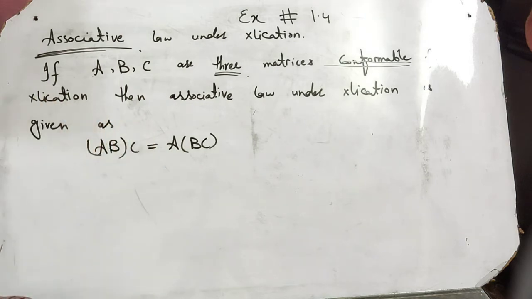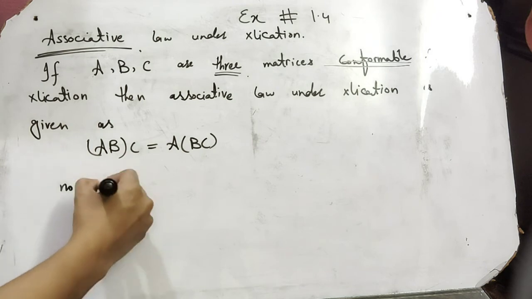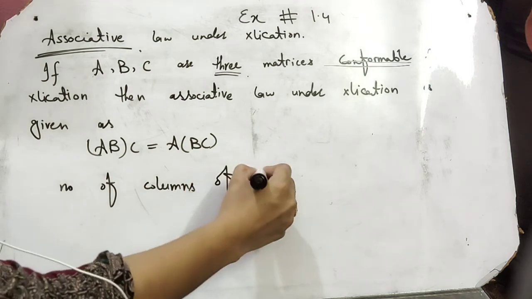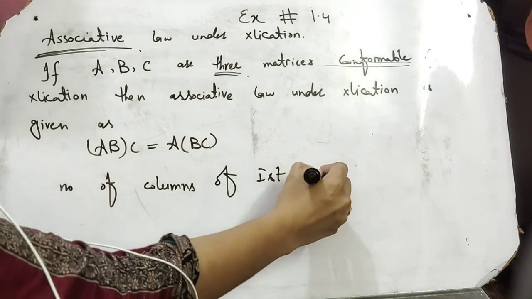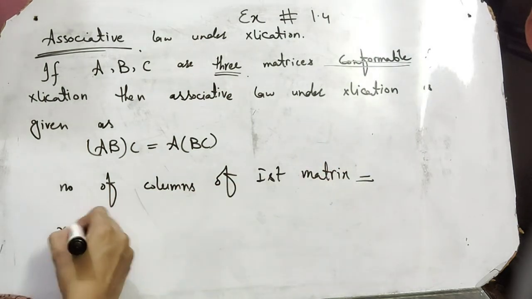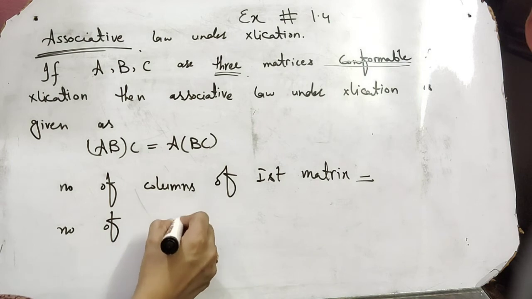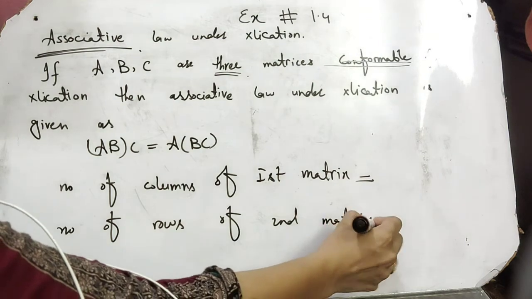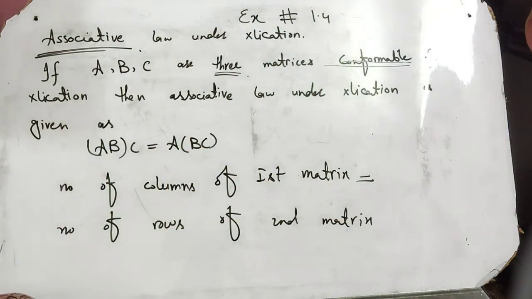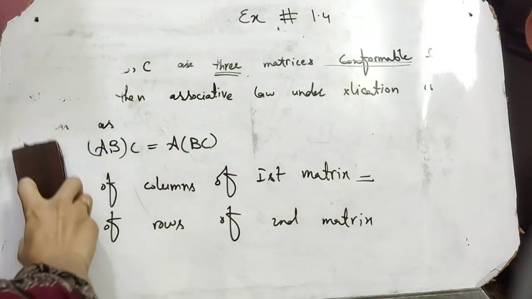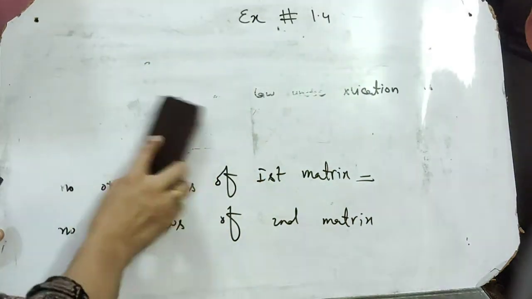It means two matrices are conformable if and only if the number of columns of first matrix is equals to number of rows of second matrix. So it is the conformable. Okay. Now we move toward the next law.